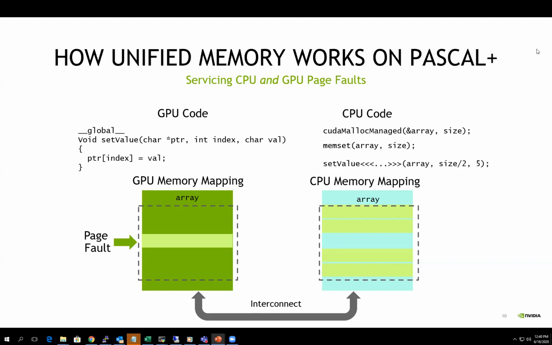GPU Direct RDMA fundamentally establishes a buffer on the GPU that can be directly accessed over PCI Express from a third-party device like a network adapter. And that's its typical usage, actually. So GPU Direct RDMA allows data to flow from a buffer in the GPU to a third-party device or the other way across PCI Express.